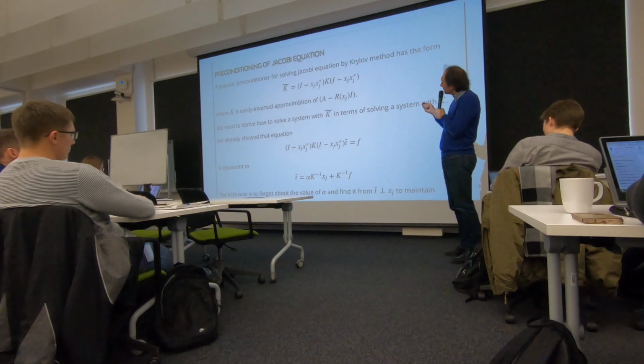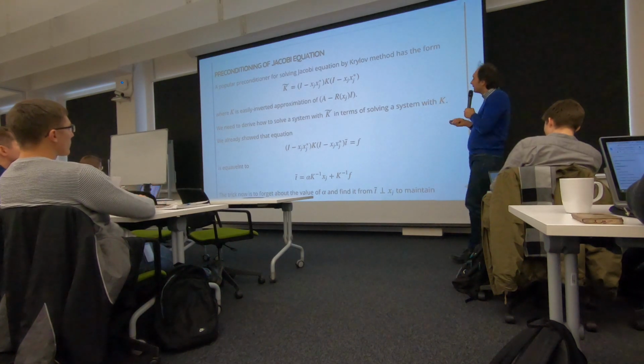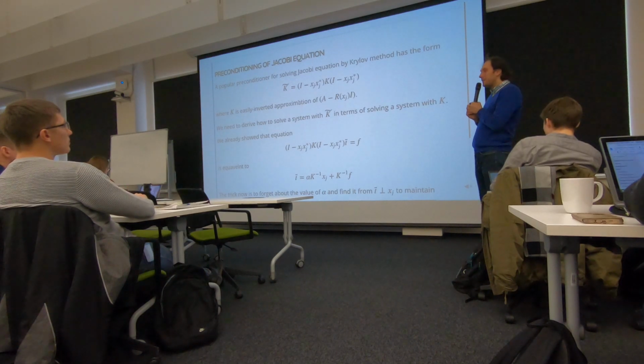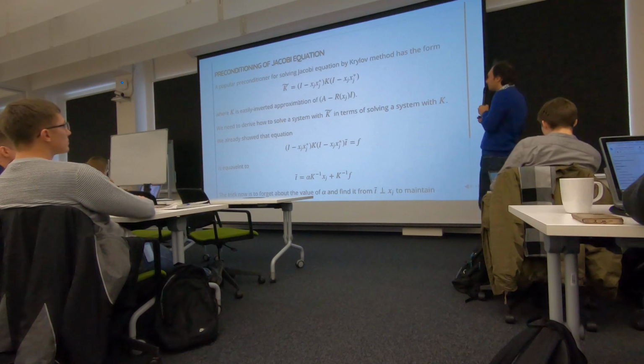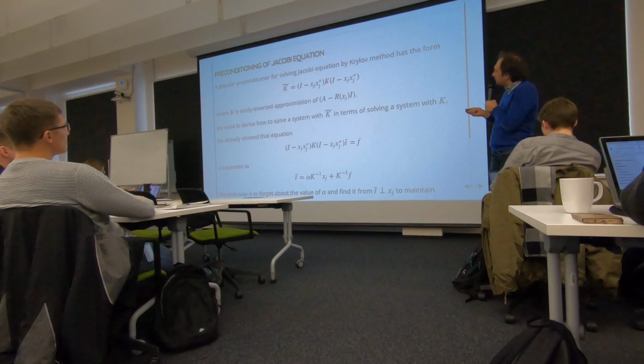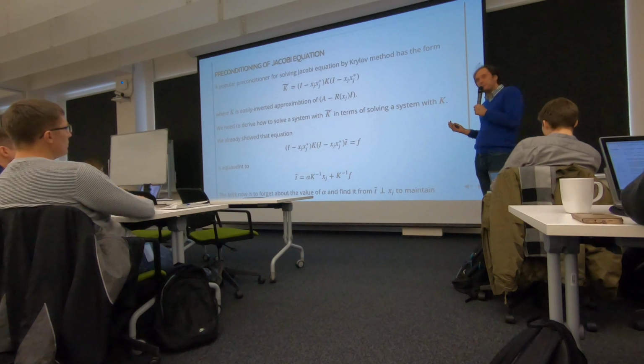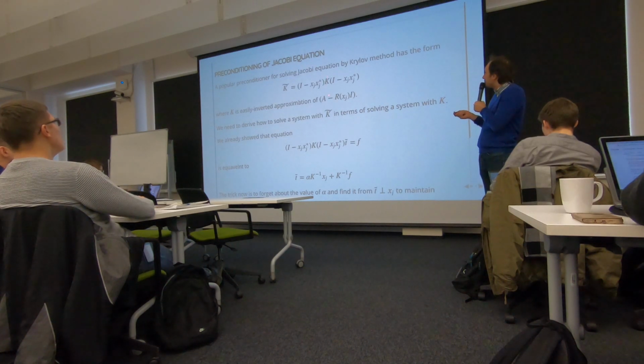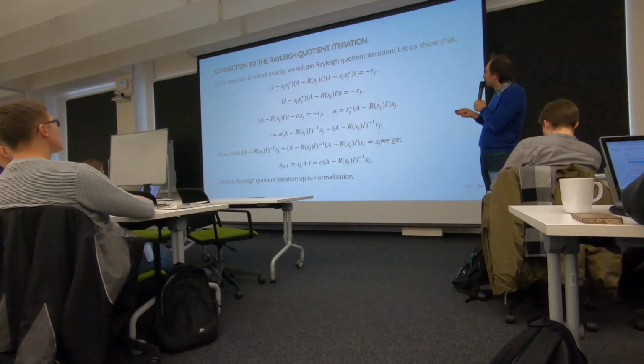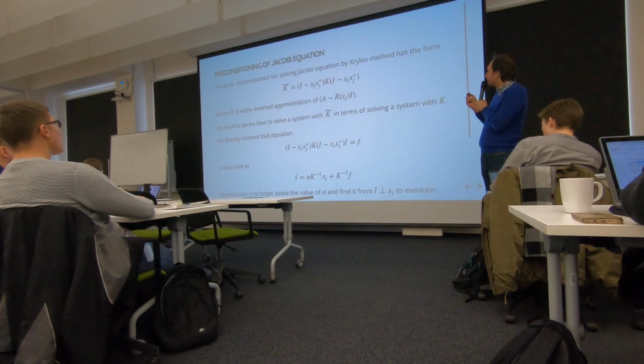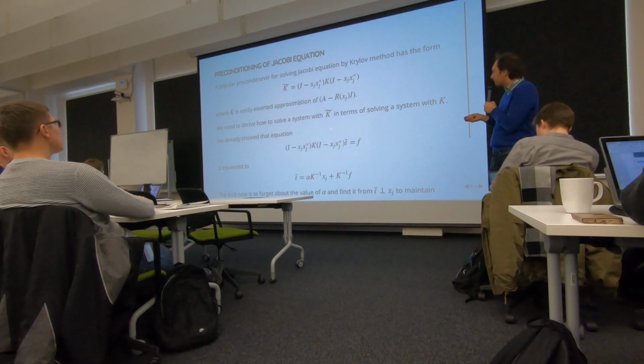So let's do that. Approximate it by something easily invertible and claim this is a good preconditioner for the original system. So we replace the matrix by something. For example, if we replace it just by the diagonal matrix, that would be exactly the Davidson method. The Davidson method is the method where you replace the matrix in the middle by the diagonal matrix. But you can use any other approximation.